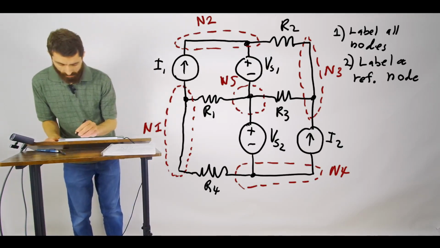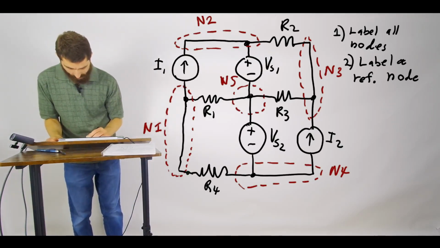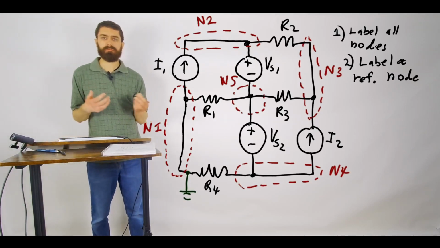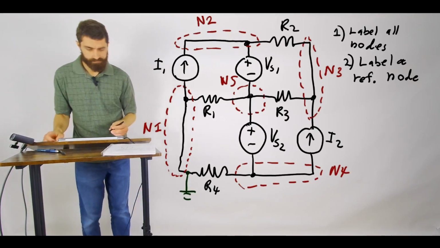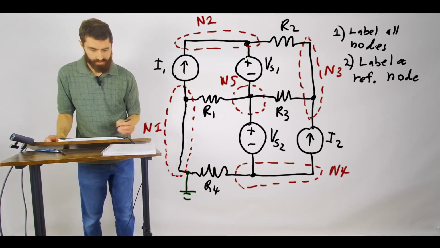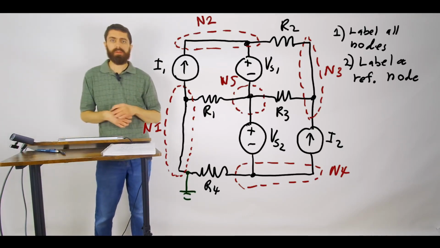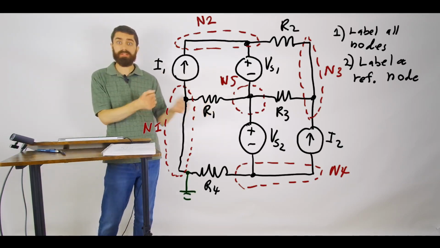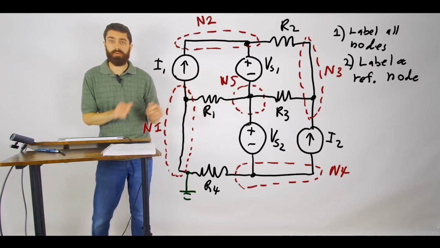So I'm just going to go ahead and select node 1 as my reference node. So then the next step, you're normally used to just applying KCL to each node.